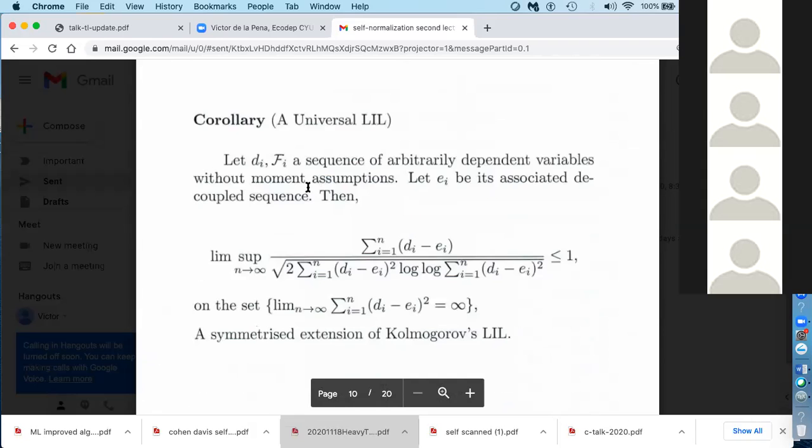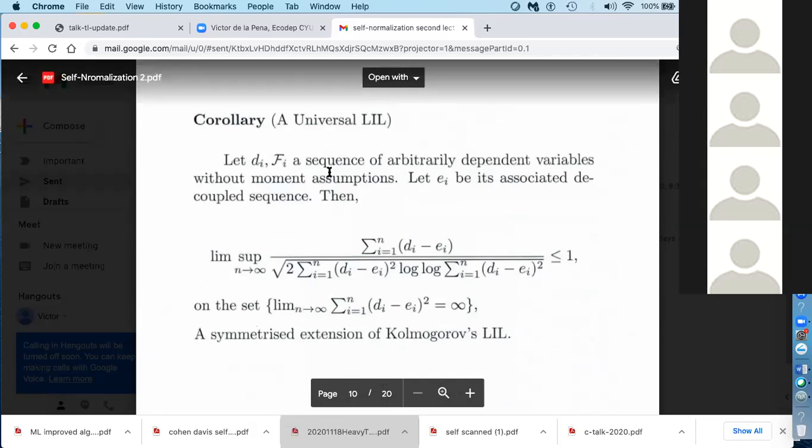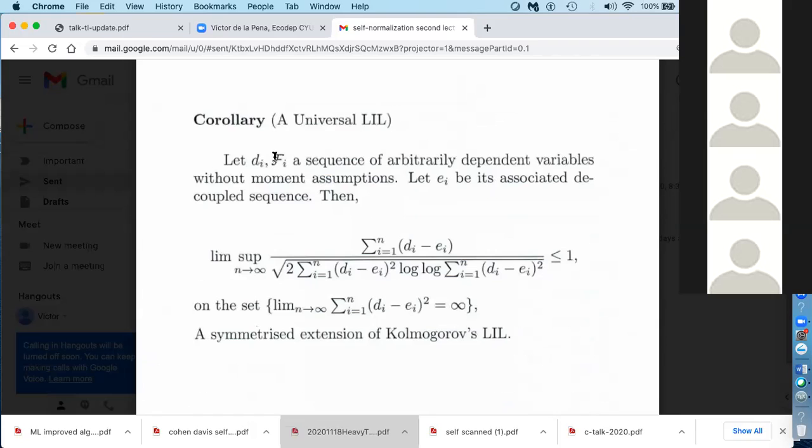I have a sequence d_i adapted to a filtration F_i of arbitrarily dependent variables without moment assumptions. And what I do is, using decoupling, I can find a sequence e_i which has the same distribution as d_i and is conditionally independent.